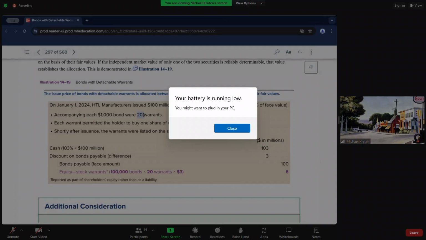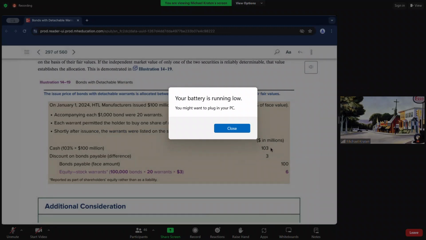There are 100 warrants. Each of the 100 warrants has 20 coupons. Each of the 20 coupons is worth $3. And so the number of bonds times the number of warrants per bond times the value of each warrant gives me what the warrants are worth in total.